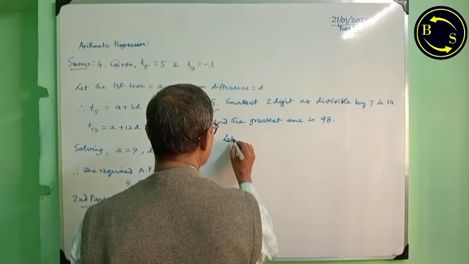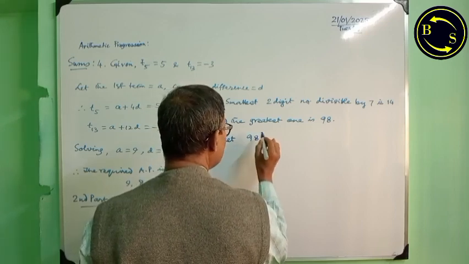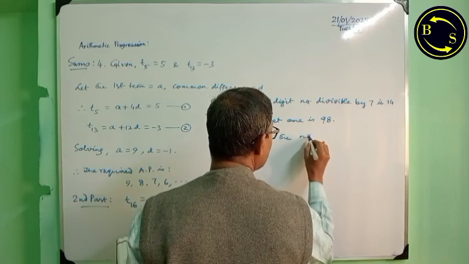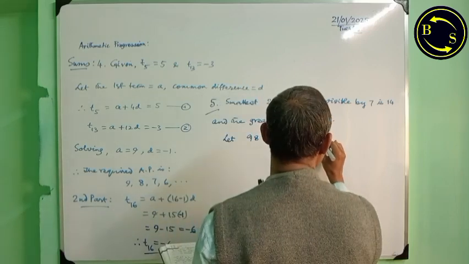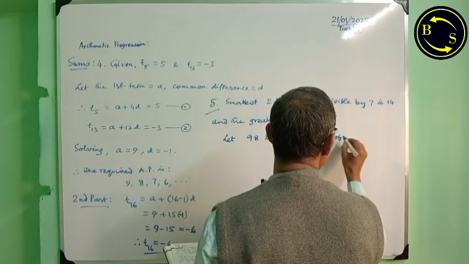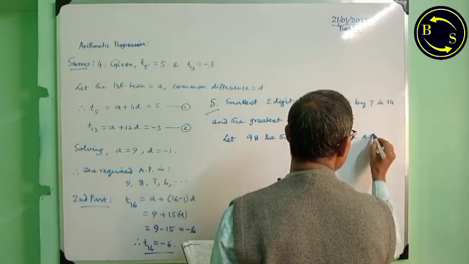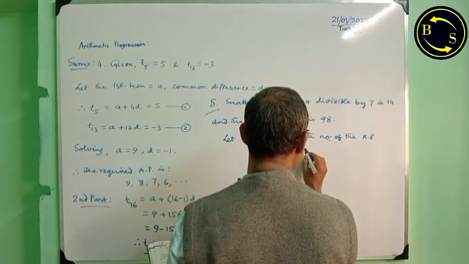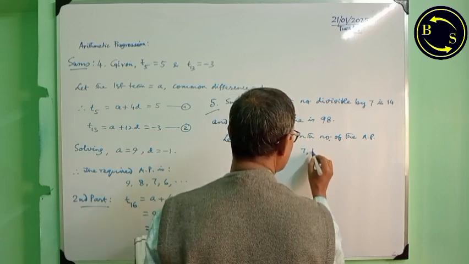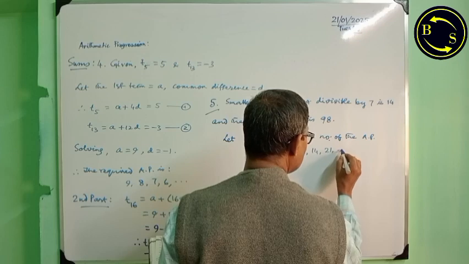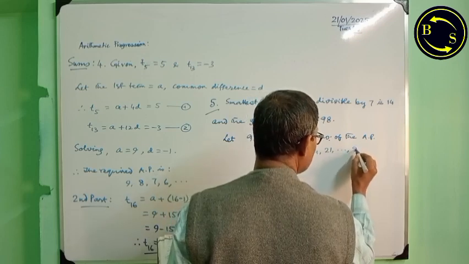Let 98 be the nth number of the AP. Here the AP will be 7, 14, 21, like this. The last one is 98.